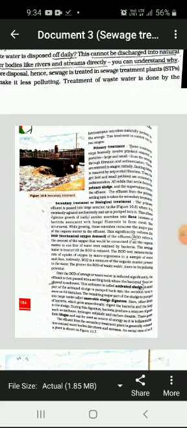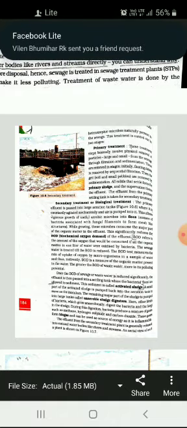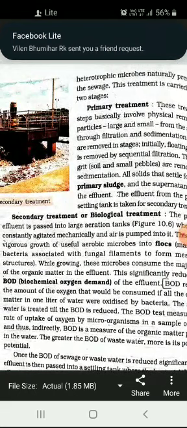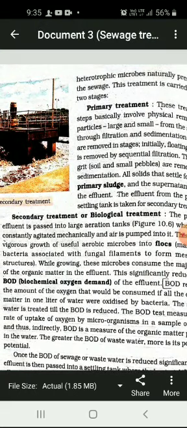The secondary treatment is the process in which effluent obtained from the primary settling tank is passed into a large aeration tank where air is pumped into it, and the effluent is given a constant mechanical agitation.